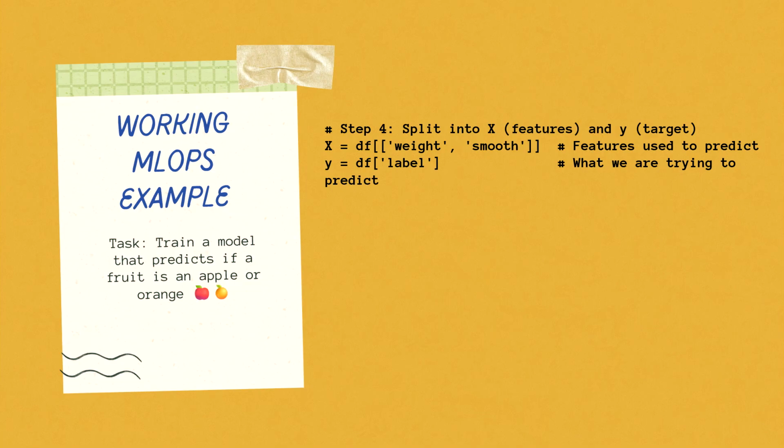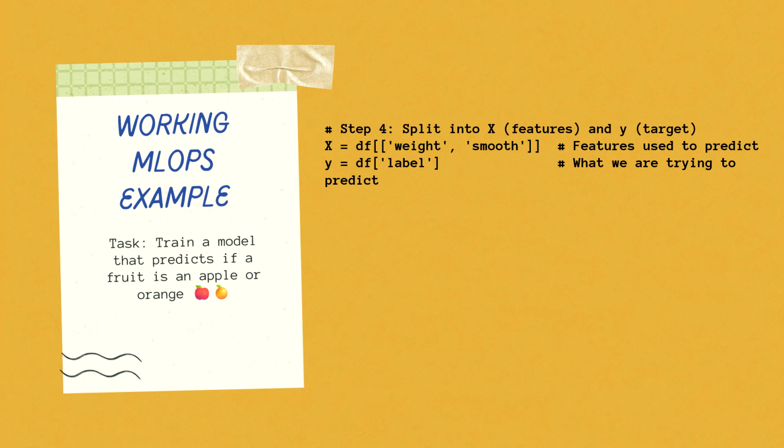If we give weight and smooth as input, based on those features the model has to predict whether it is an apple or an orange. That is the code here. So weight and smooth are the input features, X, and y is the output, the label we are trying to predict.